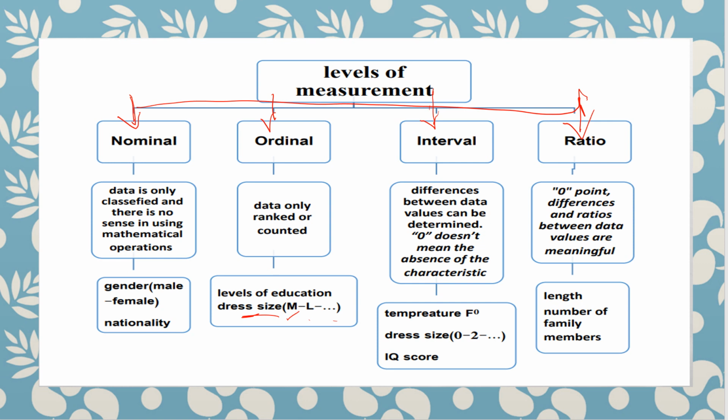All the differences and ratios between the data values are meaningful and can be calculated, and we can conduct mathematical operations on them. So we have 4 main levels of measurement: nominal, ordinal, interval, and ratio. The nominal level is the lowest one, and the ratio level is the highest one.